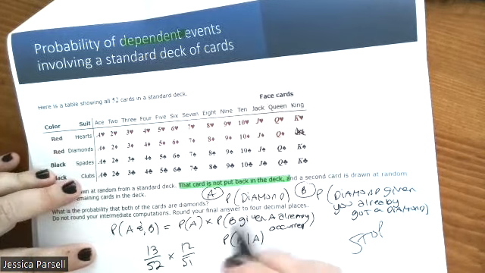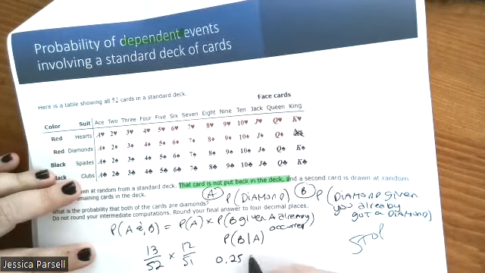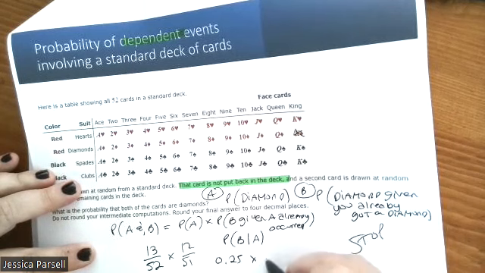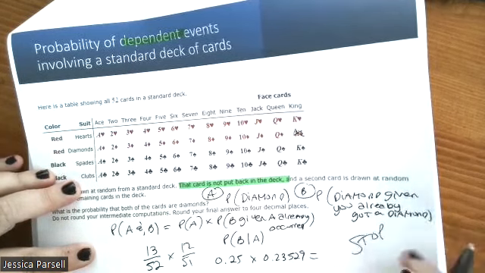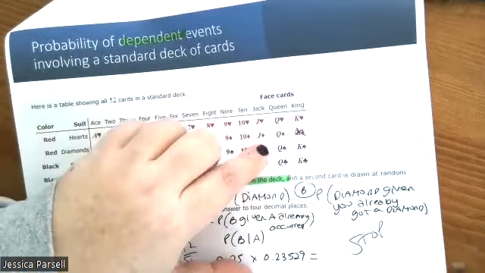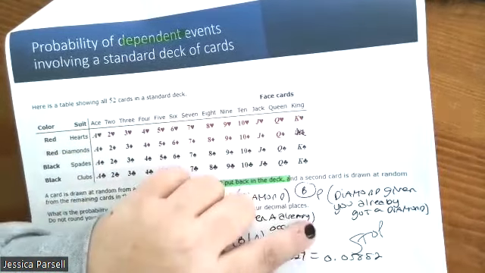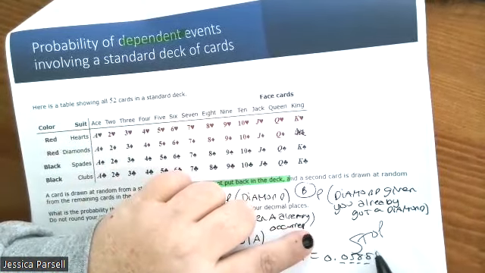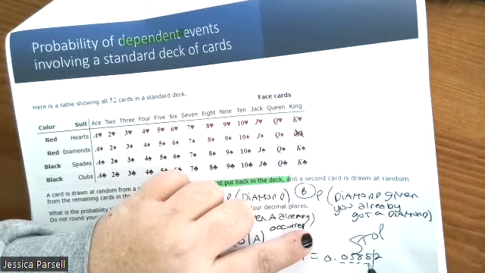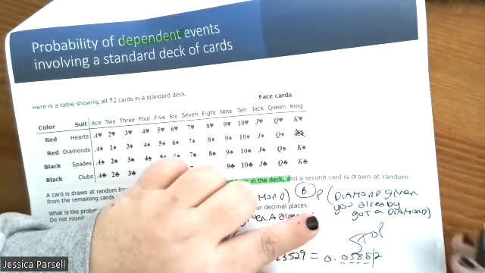So 13 out of 52 is 0.25 times 12 over 51 is 0.23529, and that's going to be equal to 0.05882, and they want us to round to 4 decimal places. So 1, 2, 3, 4, put up a door. That 2 tells the 8 to stay the same.